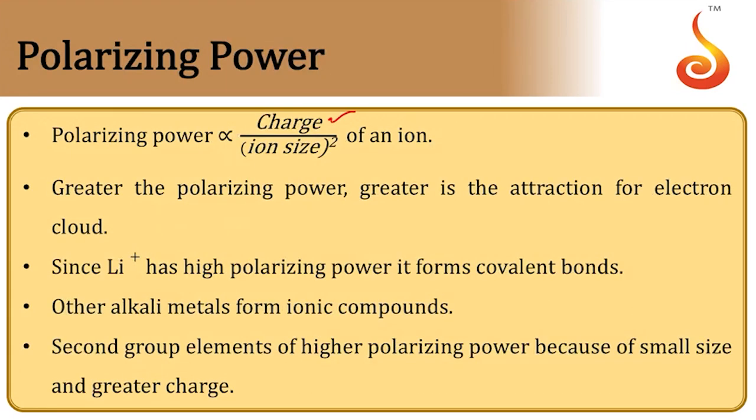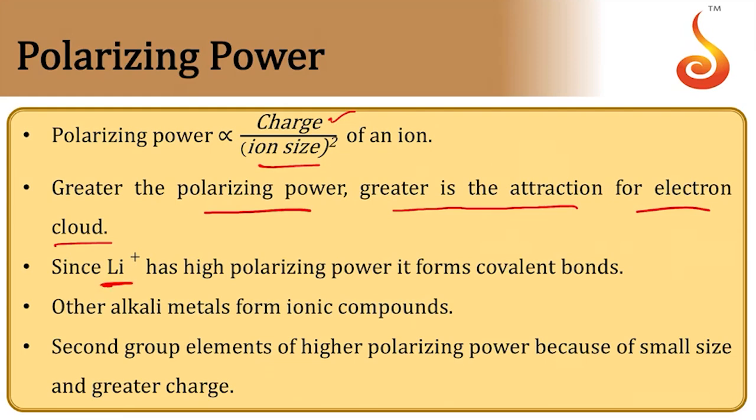Then comes polarizing power. Polarizing power basically depends upon the charge as well as the ionic size squared. If you have similar polarizing power, you have similar properties. A greater polarizing power means a greater attraction for the electronic cloud, and that leads to more covalent character.